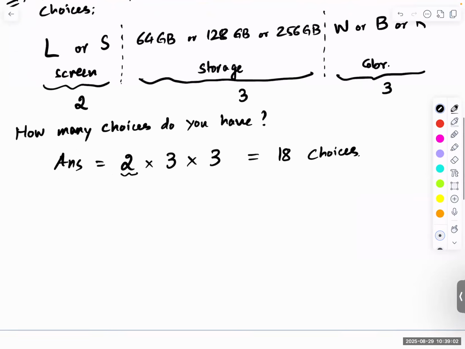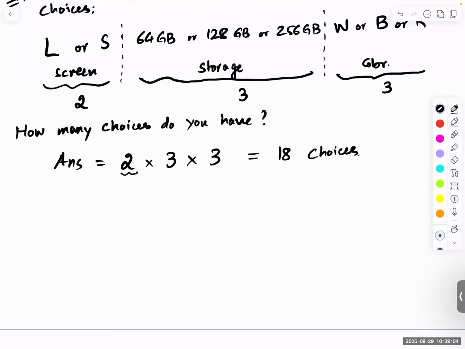So you can imagine you can have all possible configurations. For example, a large iPhone, 64 GB storage, and white color. Large iPhone, 64 GB, blue color. Large iPhone, 64 GB, and red color, and so on and so forth.